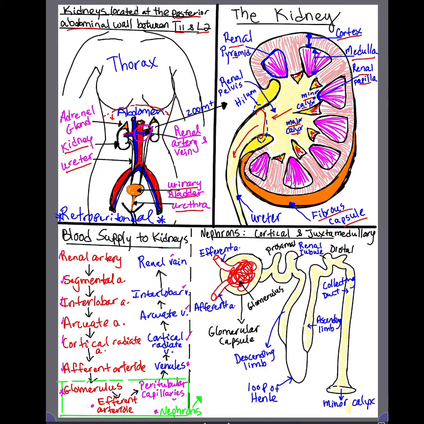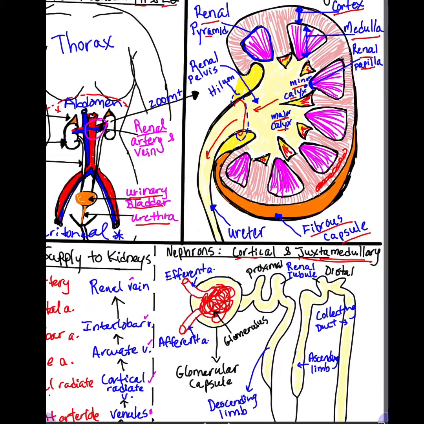Now let's talk about the nephrons and the collecting system. Typically we have 2 main types of nephrons: cortical nephrons and juxtamedullary nephrons. For the cortical nephrons, 85% of our nephrons are in the cortex, which is this area right here, and they have a relatively short nephron loop.